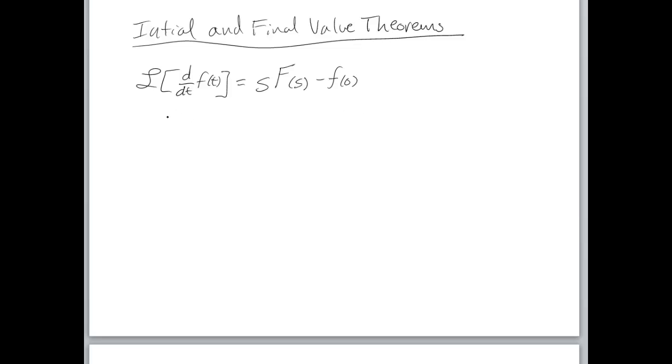So for example, if we were to have dx by dt, which might represent a velocity, or we could call that x dot, the Laplace transform of the derivative x dot is s x of s minus the initial x position.